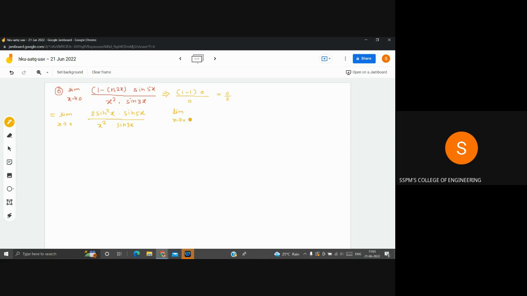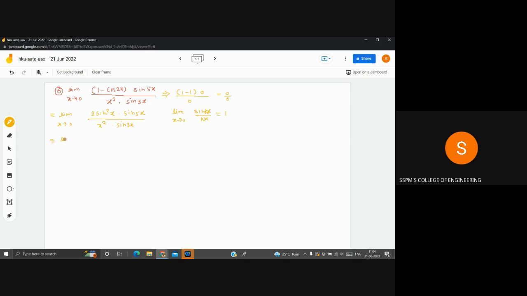Limit as x tends to 0 of sin x upon x is 1. If there is kx upon kx, the limit of sin kx upon kx as x tends to 0 is 1. If the angle and the denominator term are the same, and you apply the limit as x tends to 0, it is also okay. So here you can apply the same limit formula.